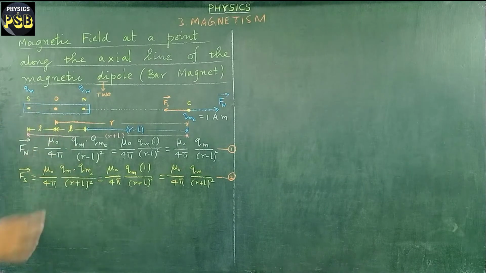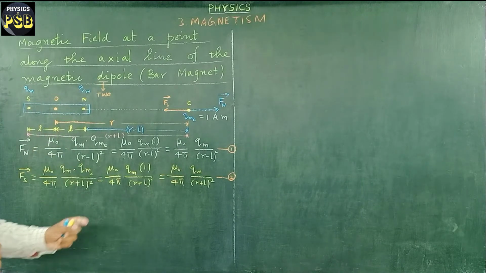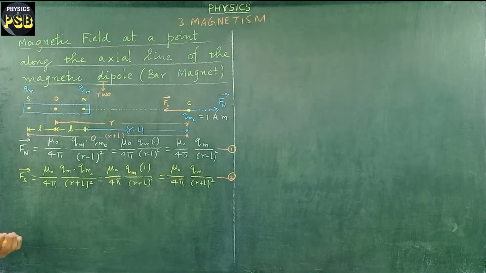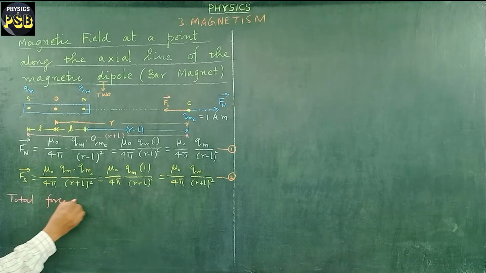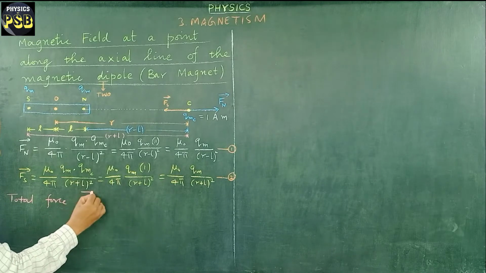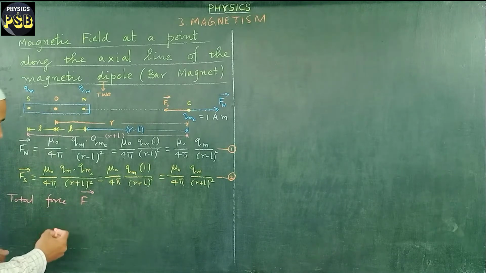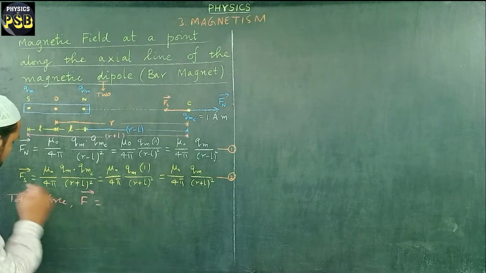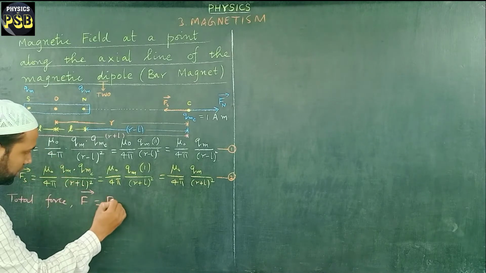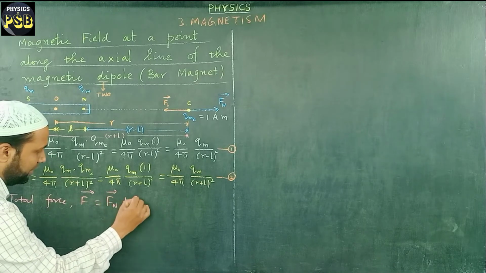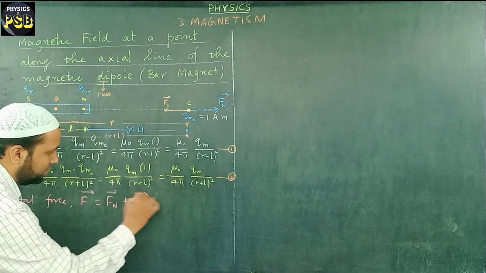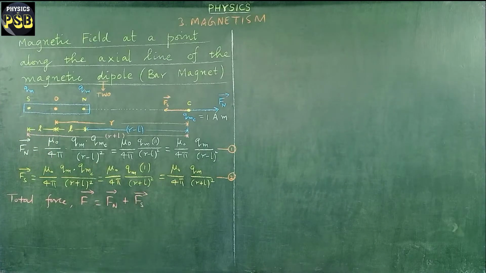Now, the total force can be obtained if we add these two forces. Total force is taken as F vector. This can be obtained if we add these two forces, Fn vector plus Fs vector. You see that we will do it here.